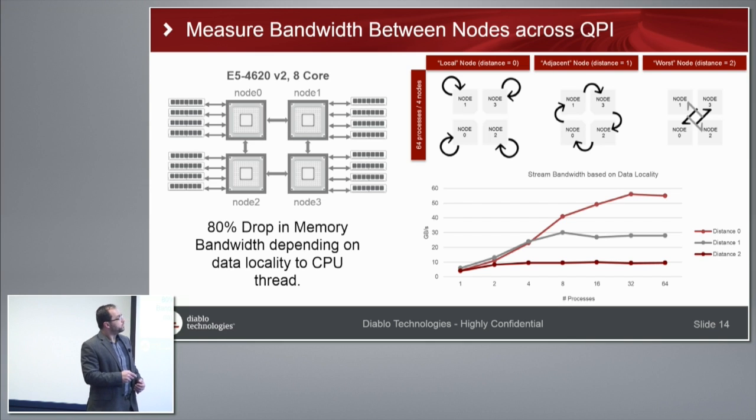The third scenario, which is the worst case, is pinning the process on one NUMA node and its data 2 hops away from where that process is, and of course that means every data transaction has to go through 2 hops of the QPI bus. And then we swept the number of processes that are running.